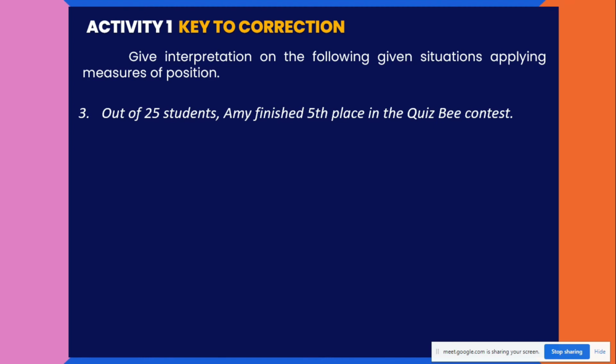So, in other words, kung 5th place, nandun siya sa pinakamalayo, no? Kumbaga, if you're going to arrange yung mga students mula sa pinaka-kulelat hanggang sa pinaka-magaling, or from lowest to highest, yung 5th place nandun sa malayo-layo konti.